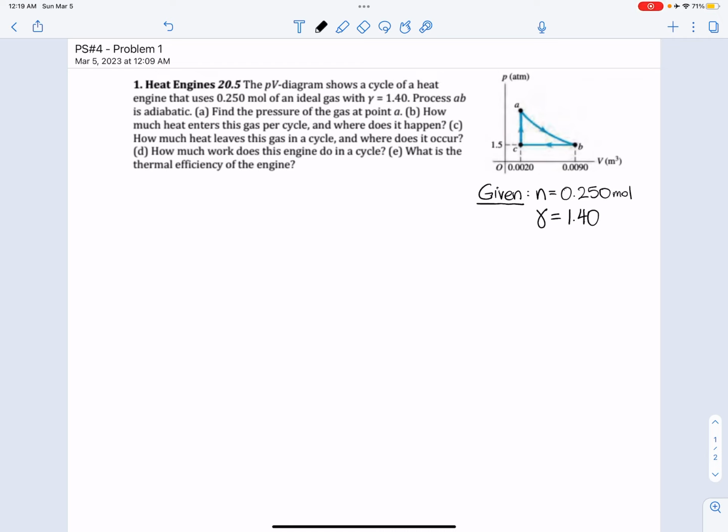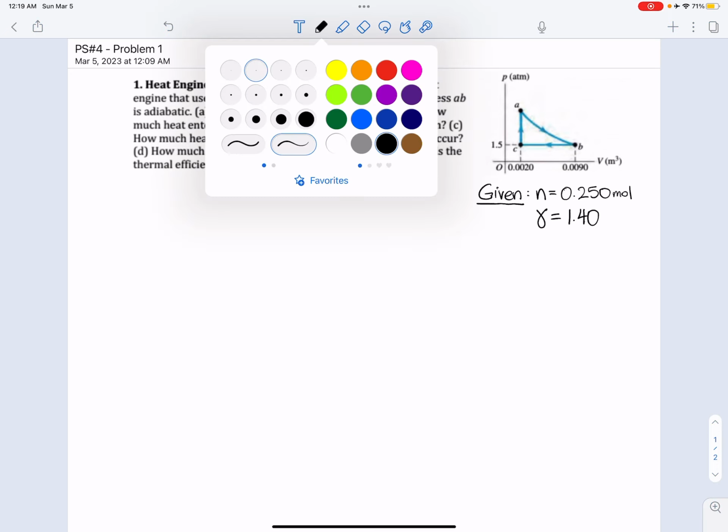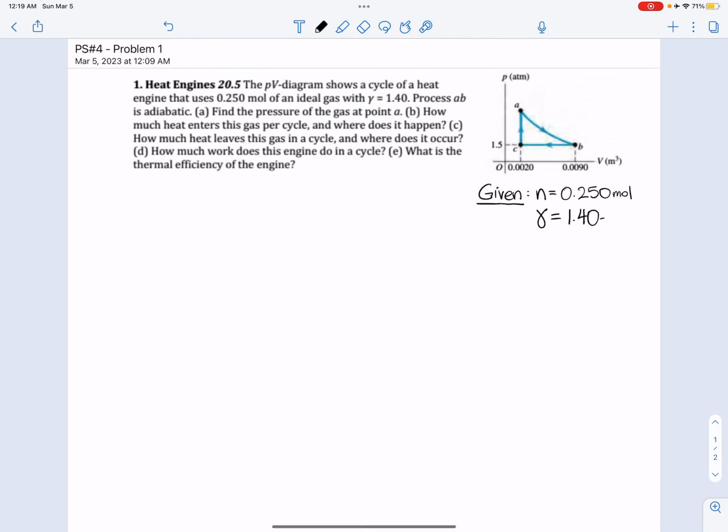Since it's given that the value is 1.40, therefore we're dealing with a diatomic gas, because 1.40 is the value of gamma for a diatomic gas.